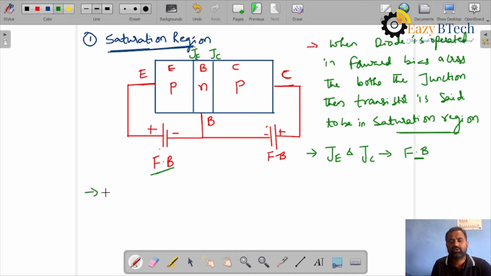During forward bias, it is one diode PN and also one diode NP.